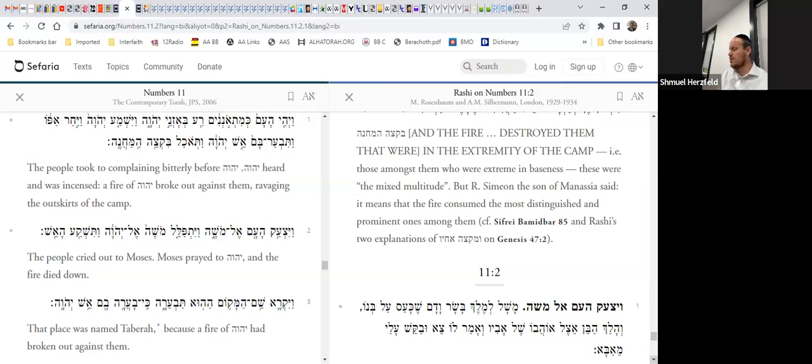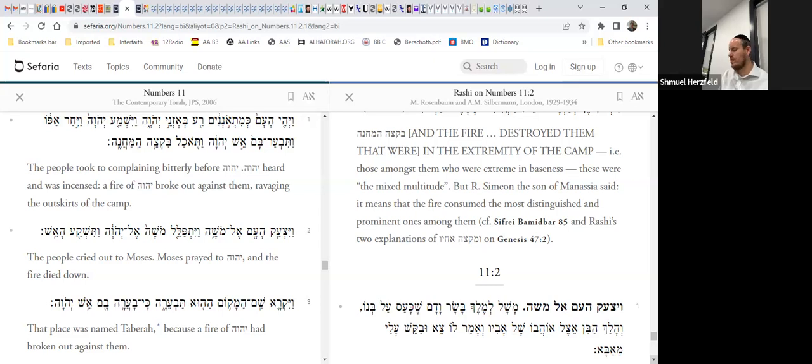But Rabbi Shimon ben Menashe says that it refers to not the most sinful, but the officials, the leaders. And why were the leaders punished? Because they could have stopped it.